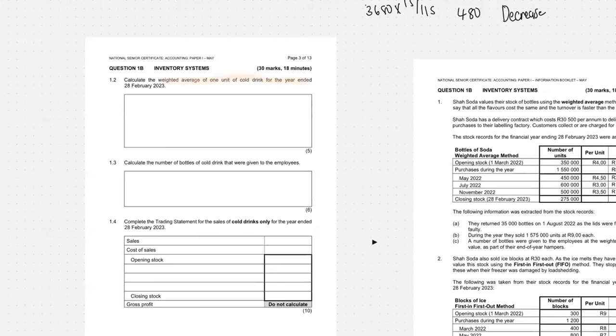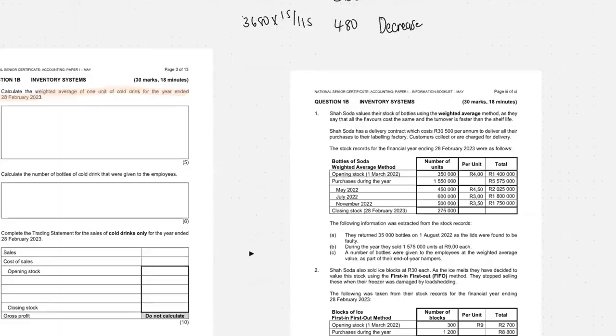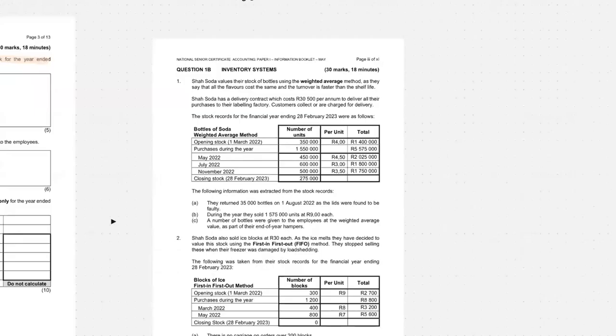Okay, so let's look at the information that's been given for inventory. For number one, they're telling us Shah Soda values their stock of bottles using the weighted average method. They say that all flavors cost the same and the turnover is faster than the shelf life. Shah Soda has a delivery contract which costs 30,500 per annum to deliver all their purchases to their labeling factory.